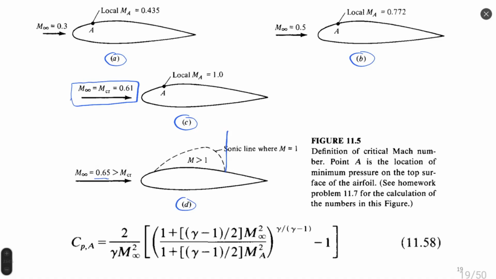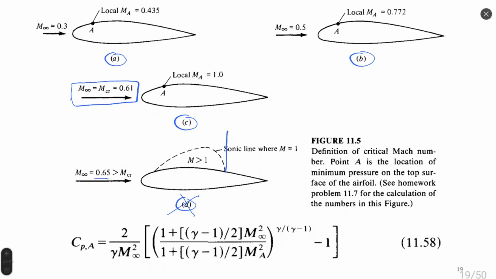So our losses are minimal, and the lift to drag ratio is quite high. This is what we want. We want to work in case C, and we do not want to work in case D. Just losses without any useful work. Maybe flying a bit faster, but no sense, because we lose so much energy just to fly faster.